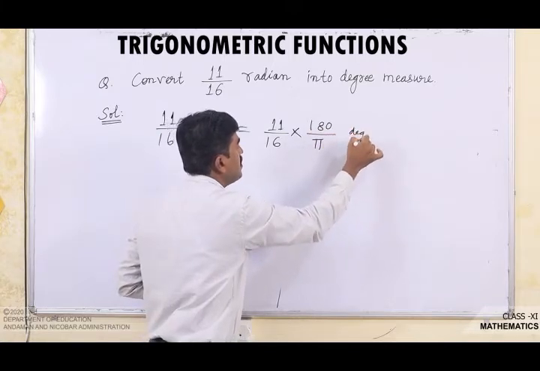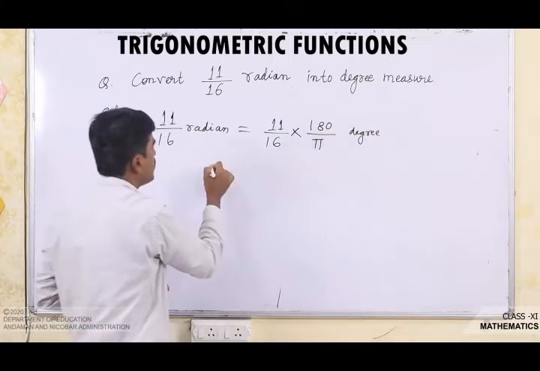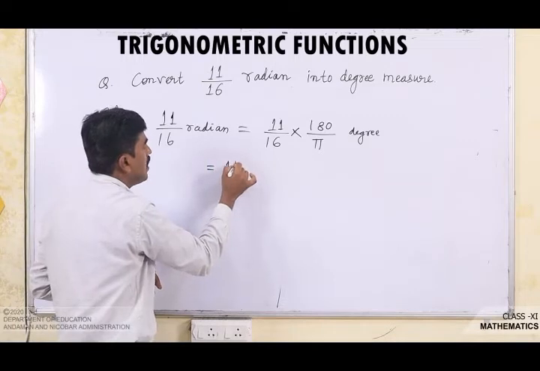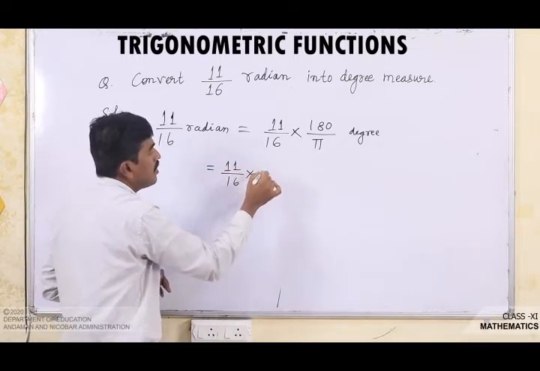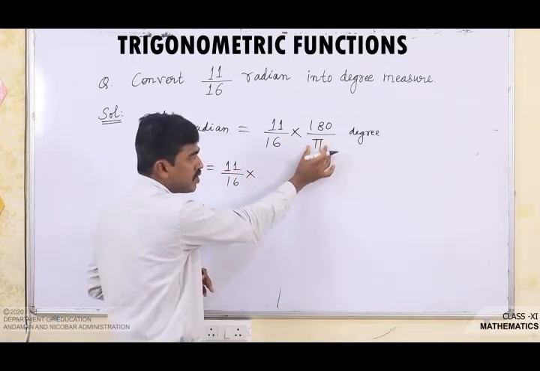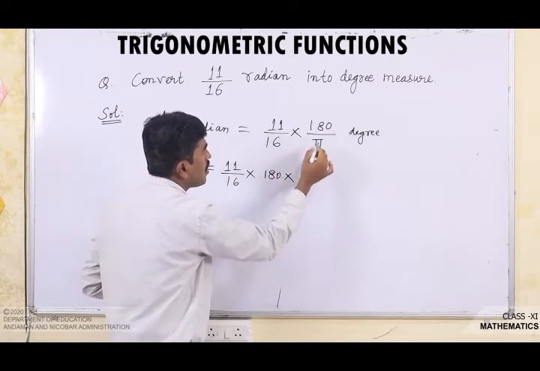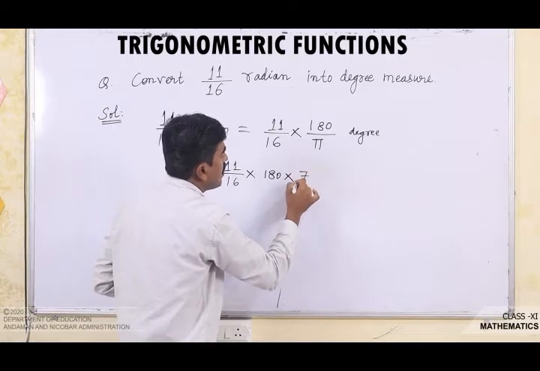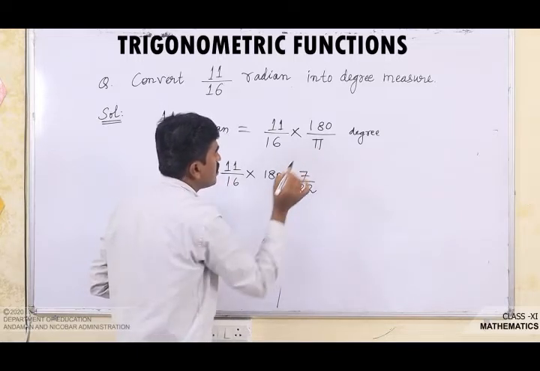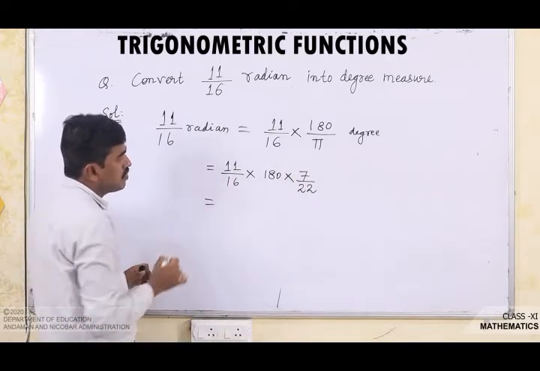Now this angle is in degree. Okay, so that is equals to 11 by 16. Now we have to put the value of pi, that is 22 by 7. So we can multiply by the reciprocal of this 22 by 7, that is 7 by 22, because pi is in the denominator. Now cancel out.